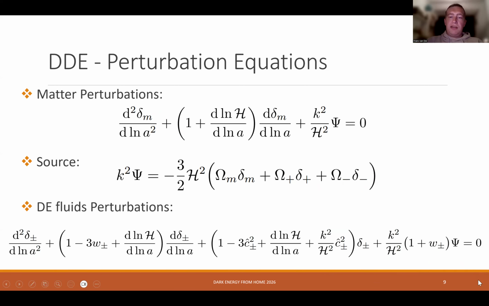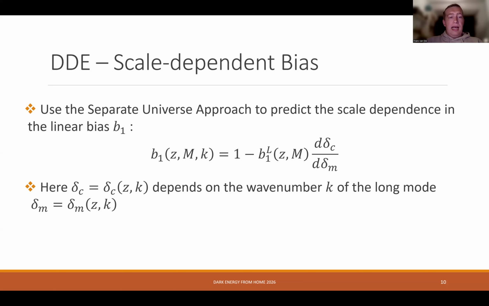So what we do, we numerically solve this system of equations and then use the separate universe approach to predict the scale dependence in the linear bias parameter, b1. So in this case, we have the Lagrangian bias, b1L, which is mass dependent and redshift dependent.